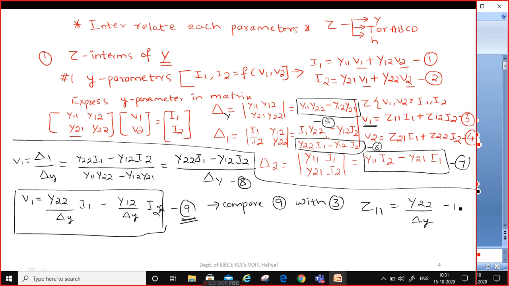Let me call this with a Roman numeral. Similarly, Z12 will be minus Y12 divided by delta y.